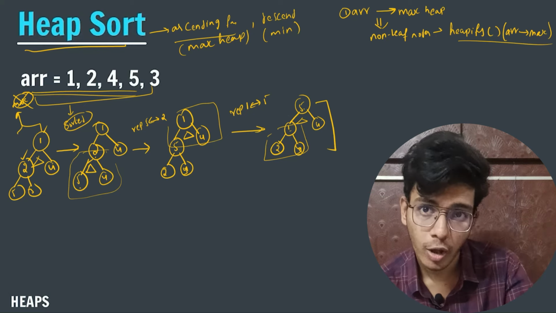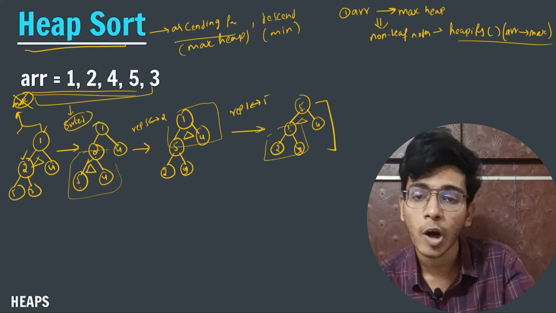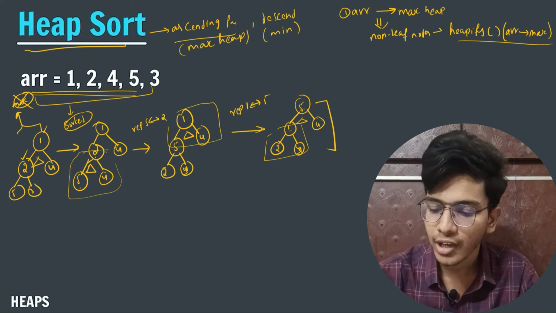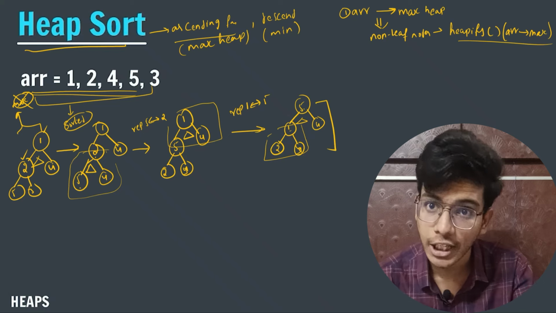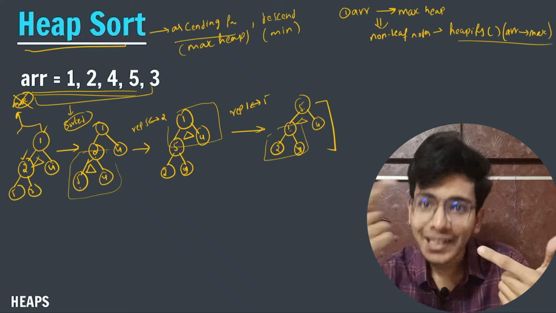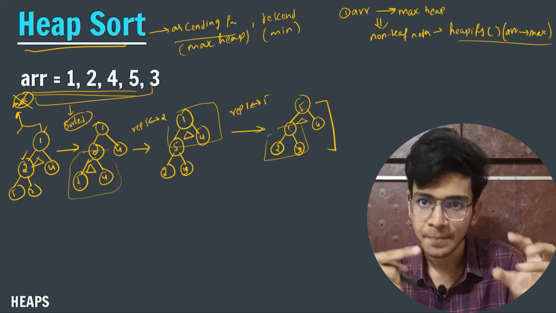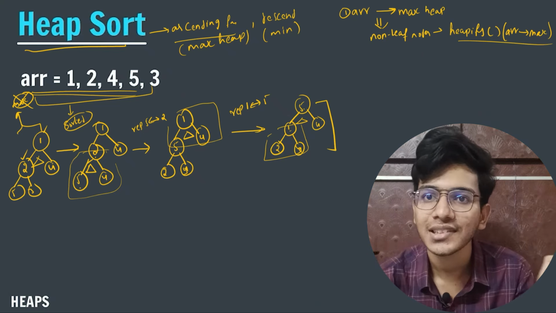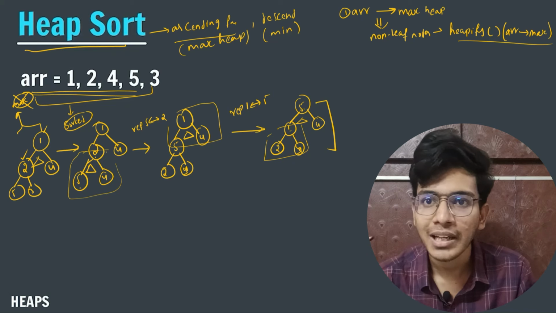If it is not following the property of max heap, again I will call my heapify function, because the work of a heapify function is to fix a heap. So this fixing will continue until I get my max heap and the whole heap gets fixed. Until these 2 conditions are met, I will recursively call my heapify function.